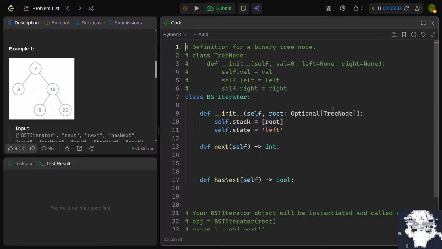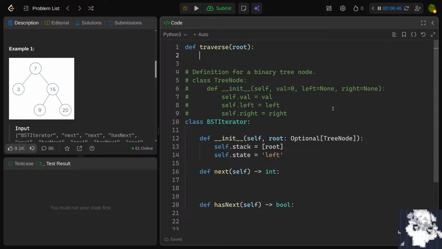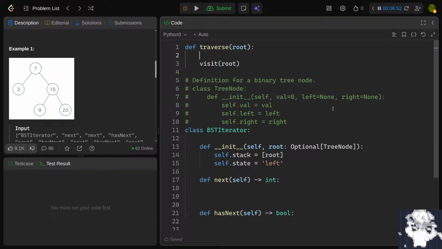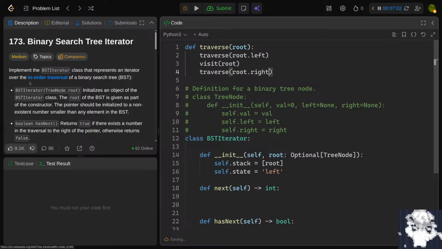Because I guess if we were doing a regular in-order traversal, it would look like this. Traverse root. You would visit root between doing traverse root.left and traverse root.right, right?